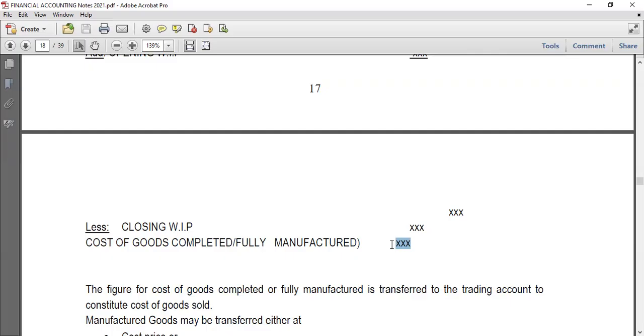So for example, maybe internally our cost of manufacturing a bottle of water costs us 700 shillings, and to get this from another person, the competitor, it would cost us 900.